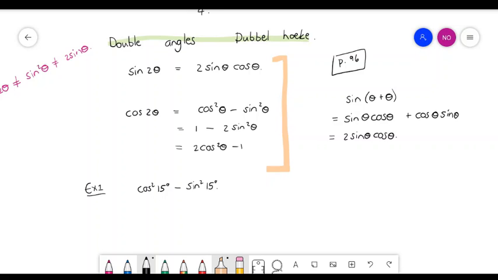Okay, so ek gaan hom gebruik en sê, in other words, I can write this going from right to left, going in the opposite direction. I can write that as cos 2 times theta, and in this case, theta is 15. Né? So wat is daai? 30. Cos of 30.